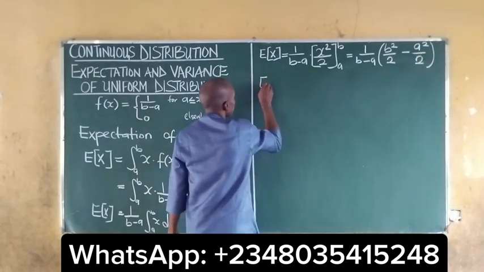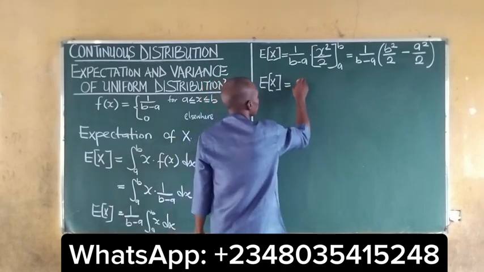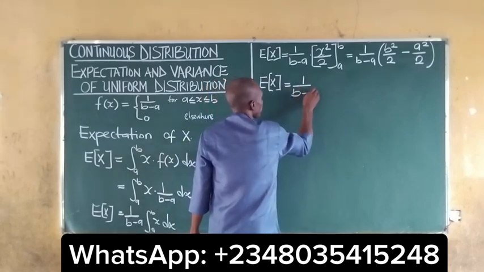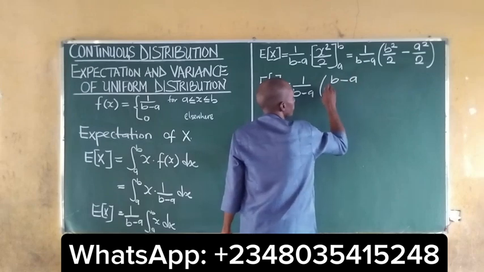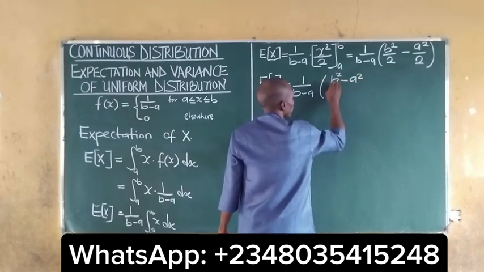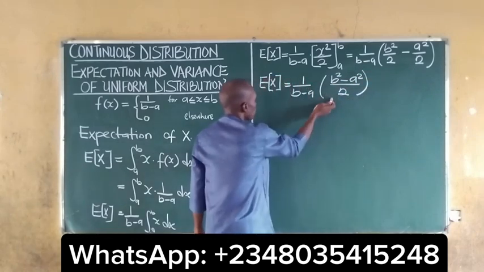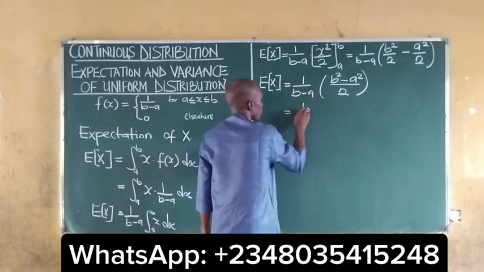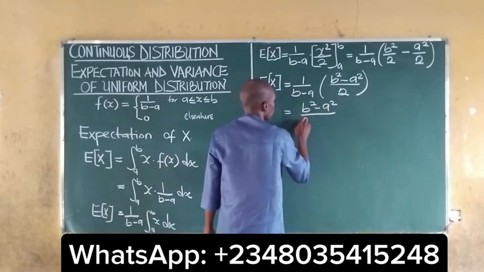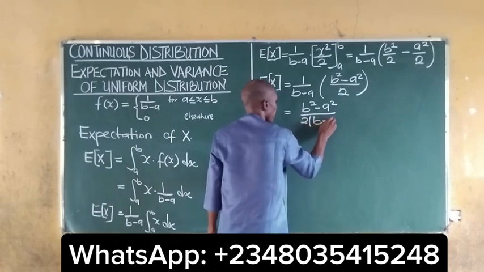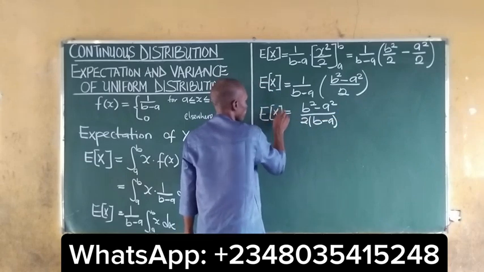So our expected value of x is equal to 1 all over b minus a into b squared minus a squared all over 2. If we multiply it with this, we get b squared minus a squared all over 2 times b minus a, which is our expected value of x.